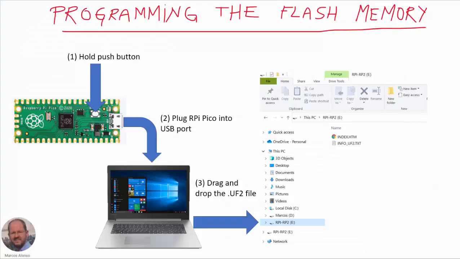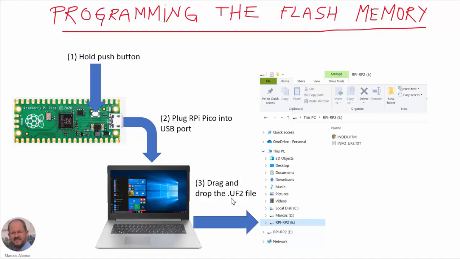Finally, a comment on how to program the flash memory directly. From our Python program, we can generate a UF2 file with the program and send it to the microcontroller unit, to the board. Also, this can be done by programming in C language, and then it is possible to generate a program for the microcontroller.